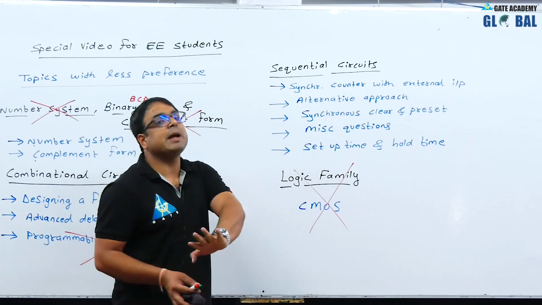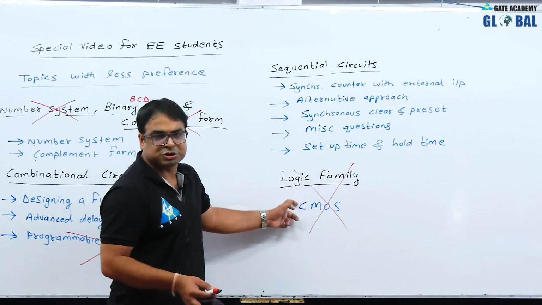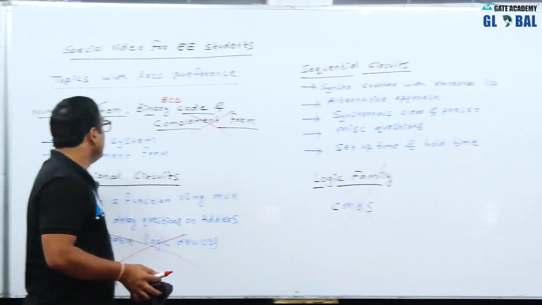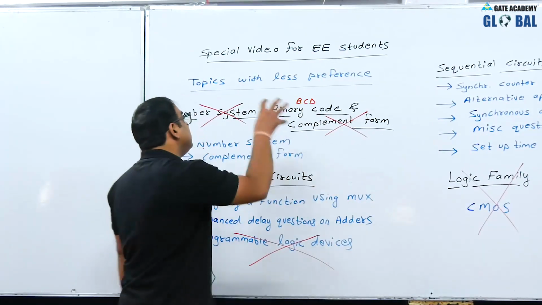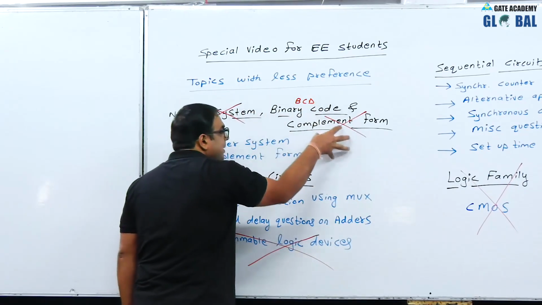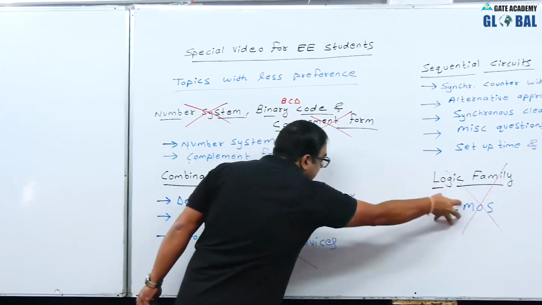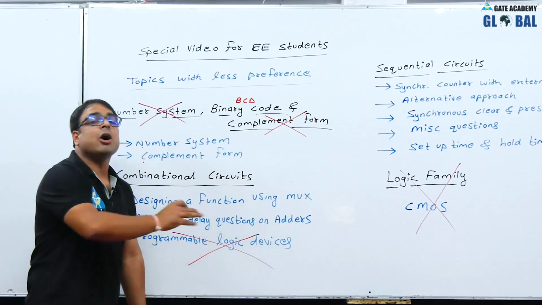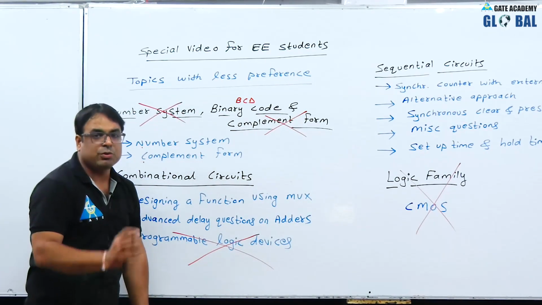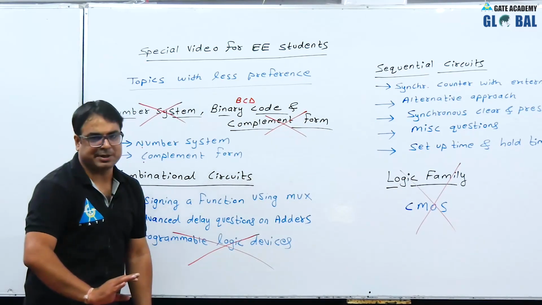You guys will not be asked questions from this unit. So what you can very comfortably skip: number system, complement form, CMOS logic family and programmable logic devices. Till now, whatever topics I have told you, you can ignore very comfortably.